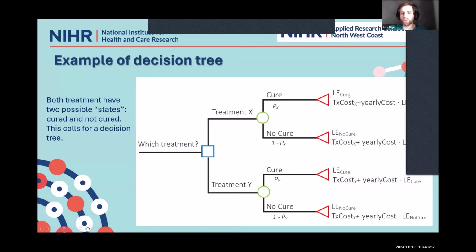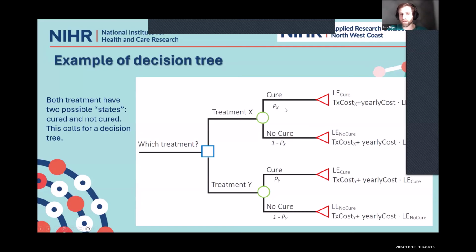But yeah, so you will have both, the benefits and the costs. Now, the same if you go with treatment X, no cure, again, you'll have the life years, you will have the costs. Now, you will see that we have here PX and 1 minus PX.